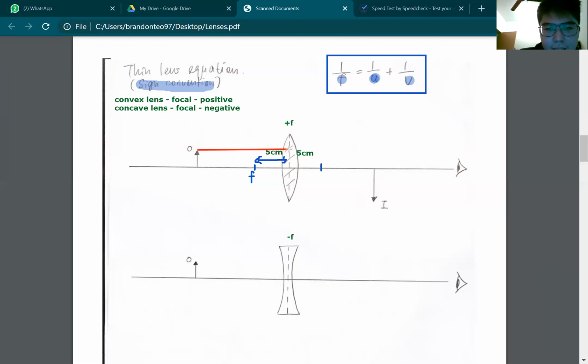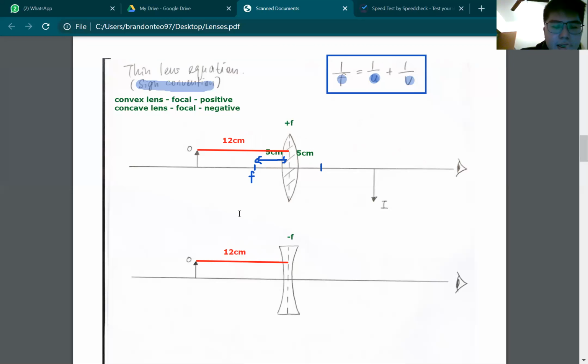The red line until the middle of the lens here. Okay, for concave, for the one at the bottom, same. I'm going to draw a line until the middle one here. So let's say this is 12 cm. And this is 12 cm.